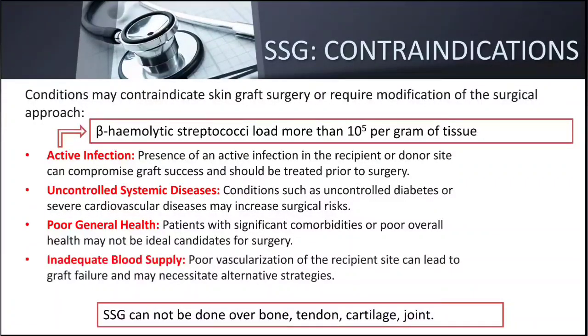Inadequate blood supply: if there is poor vascularization of the recipient site, this can lead to graft failure and may necessitate alternative strategies, right? So if the patient says no, I don't want a graft, probably that's another absolute contraindication, and these two and the other ones in general are relative.